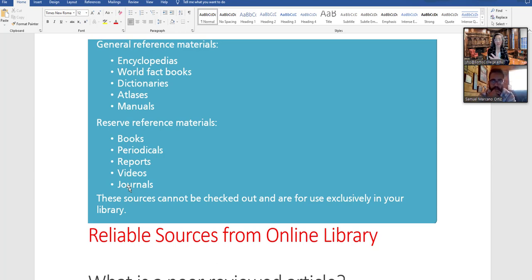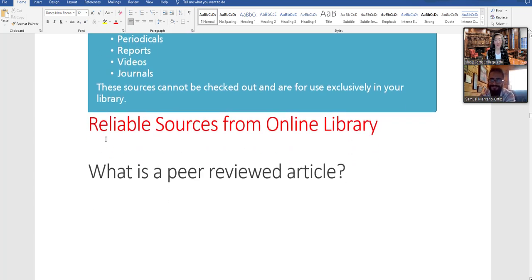You don't want to give that out to the general population. Usually that's put under glass, or some librarian watches you as you look at the book and put it back, as if in a museum. They have people standing there to make sure you don't walk away with it. That's a reserve room. I go to the one at UCLA. That's pretty cool. Reliable sources from the online library.